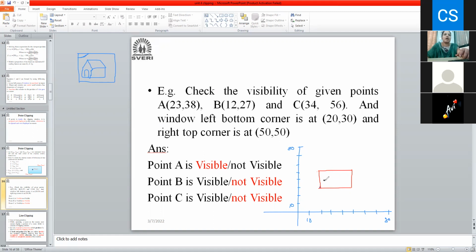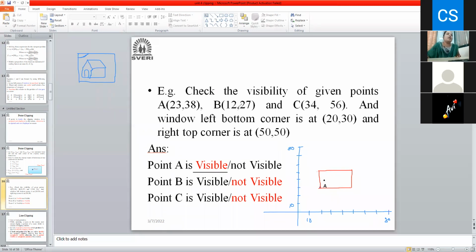So here I am having the point A. Okay, and then I can say point A is visible with respect to the window because both the conditions are satisfied. X of point A is in between X min and X max of window, and Y of point A is in between Y min and Y max of the window. So both conditions are true. That's why it is visible.